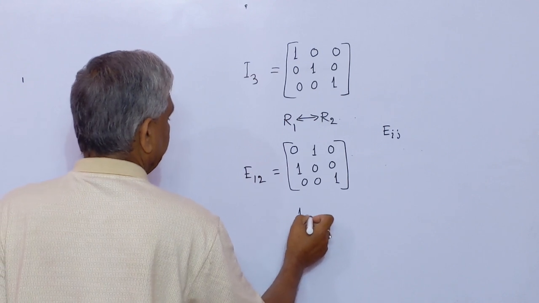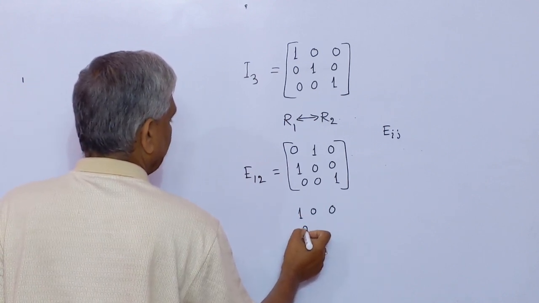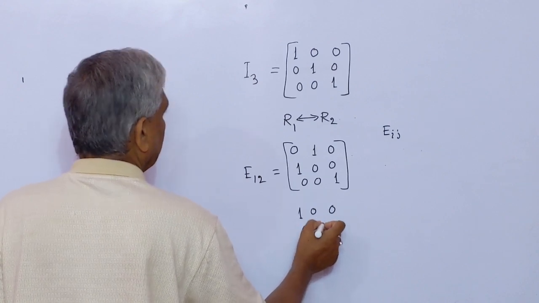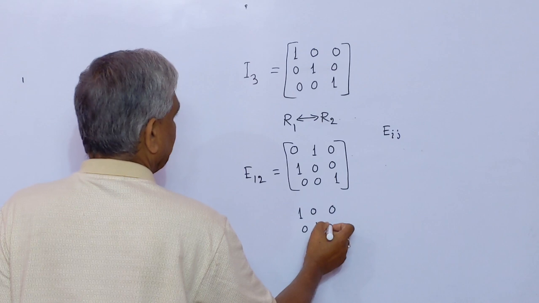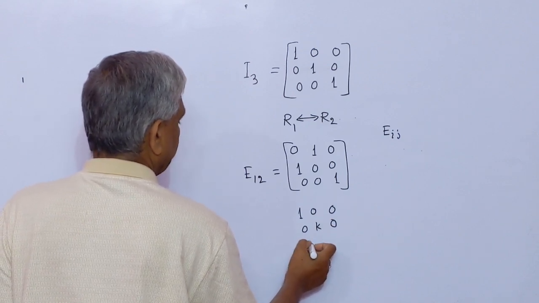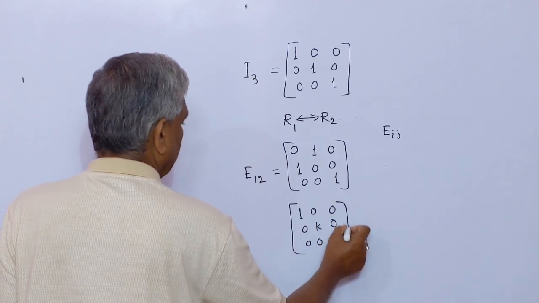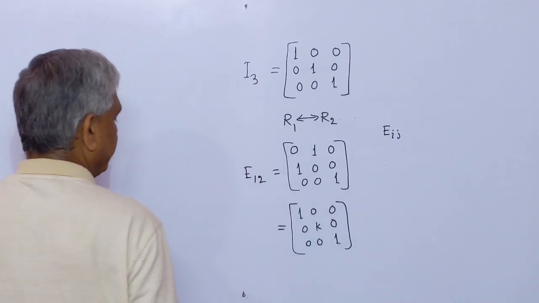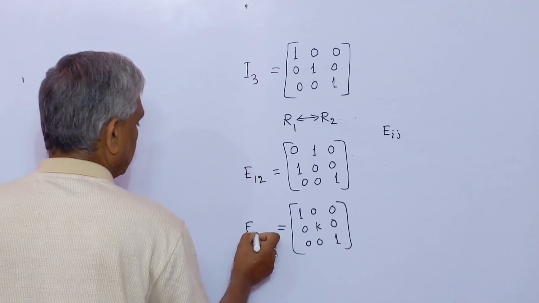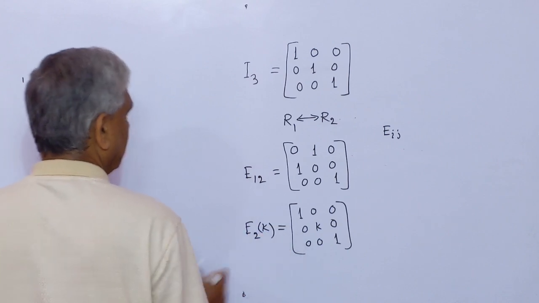The first row remains the same, 1 0 0; the second row is 0 multiply k, 1 multiply k, 0 multiply k, that is 0 k 0; the third row remains the same, 0 0 1. This elementary matrix is denoted by E2(k), second row multiplied by k.